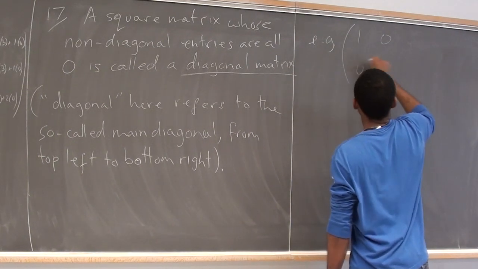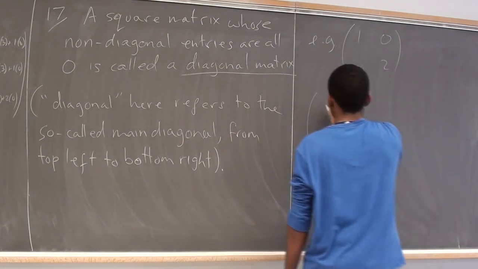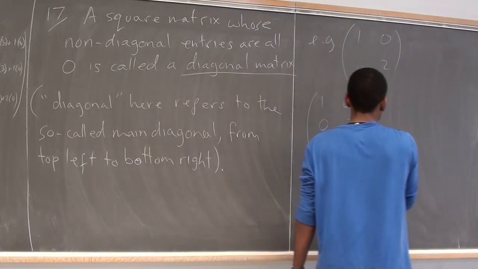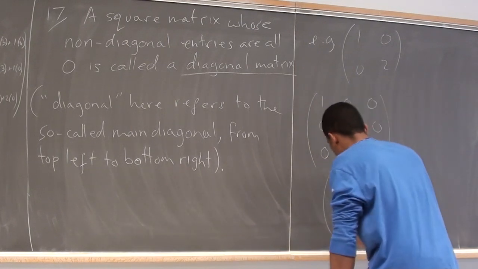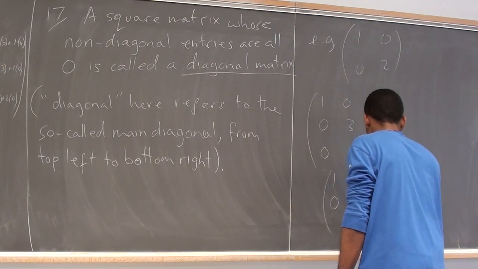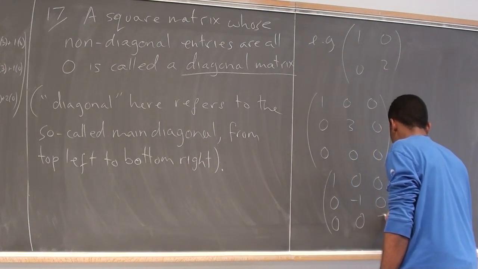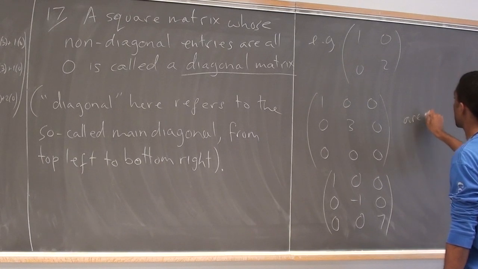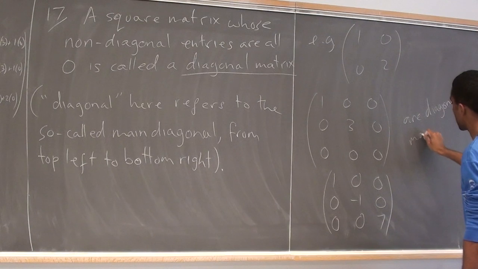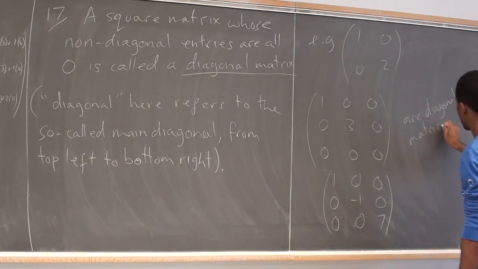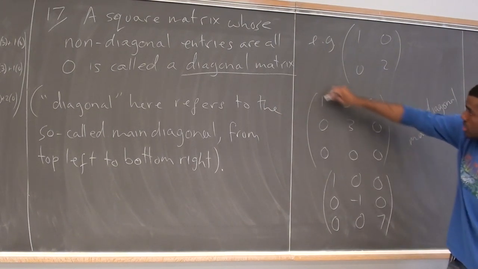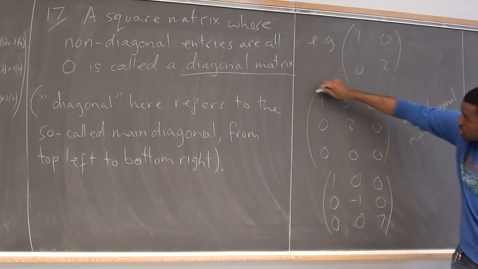Example: 1, 0, 0, 2 and 1, 0, 0, 0, 3, 0, 0, 0 are diagonal matrices. The main diagonal is the one from the top left to the bottom right.